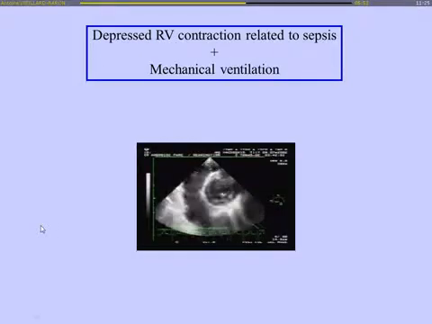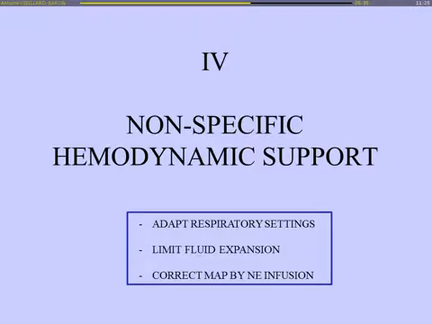So a pattern of acute cor pulmonale, once again, mainly due to the association of decreased right ventricular contraction due to the septic process and the application of positive pressure ventilation. So this uncoupling between the right ventricle and the pulmonary circulation.